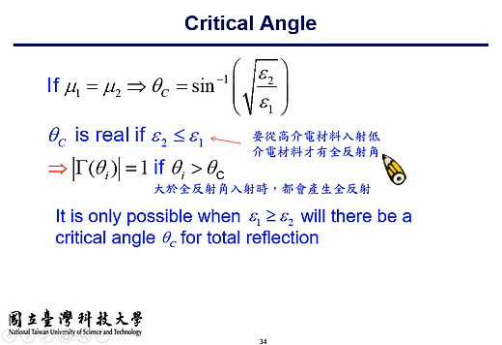So if you increase the incident angle to a certain degree like this, then you end up with a transmission aligned with the interface. Then you have no transmission in the low permittivity region, right?